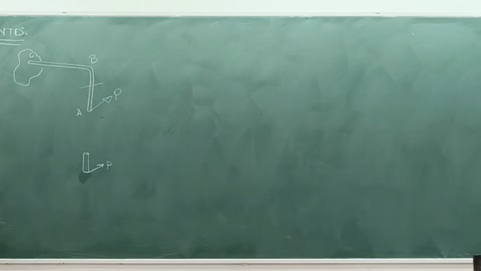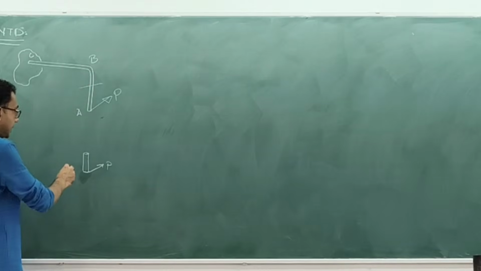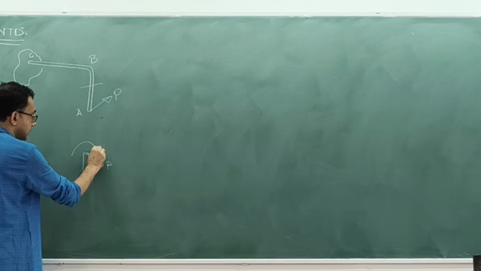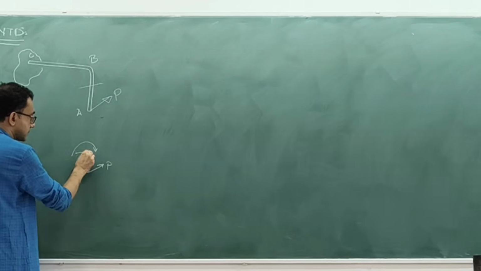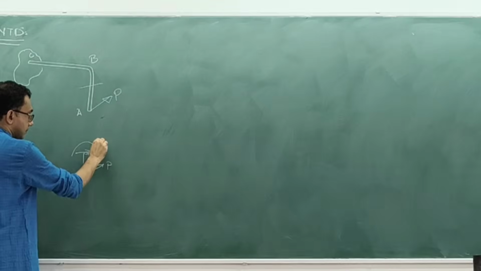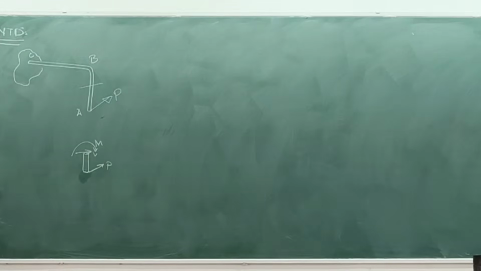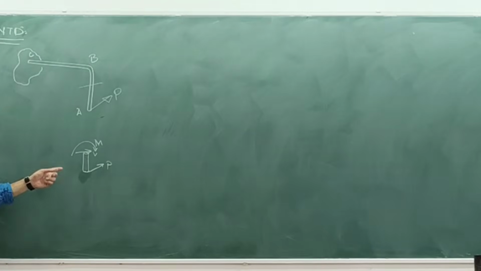On this exposed surface where I have cut it, you are going to end up with a bending moment like this and a shear force like this. So from A to B, for the energy methods calculations, you are going to have a contribution to the bending moment from this applied load P, nothing else.